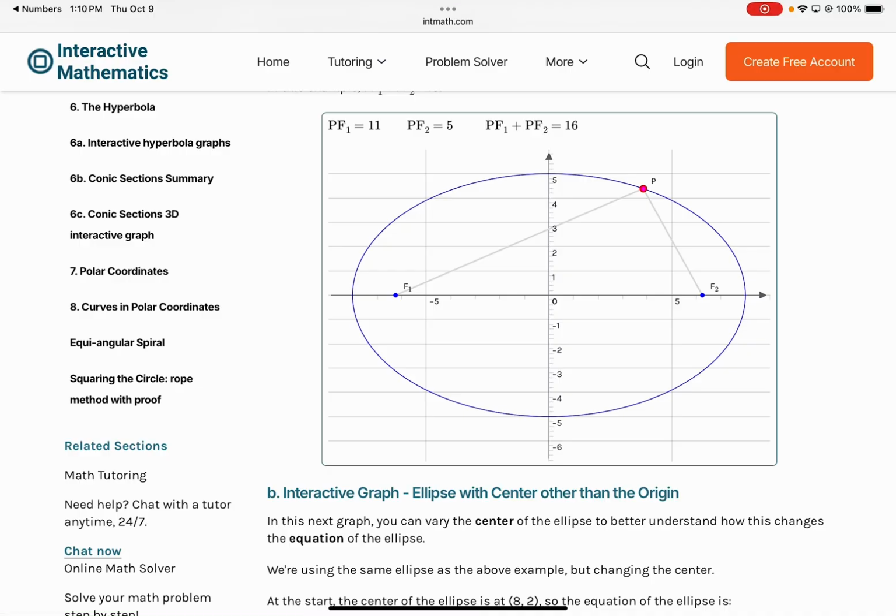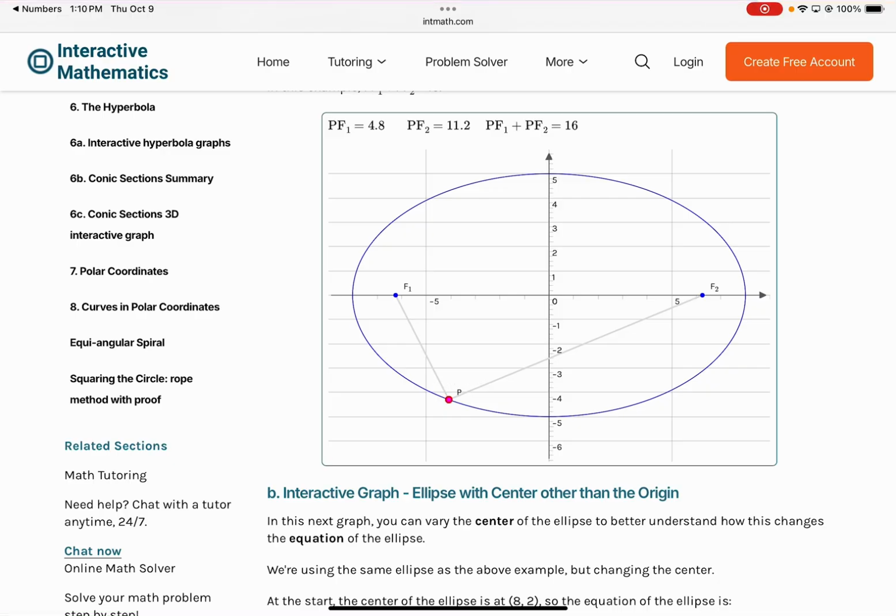You'll notice that the sum of those is called out as well, which is 16 there, okay? So that's our distance. Now you'll notice as I click the point P and I move it around, look at the numbers. The distance has changed to the left, but my sum is always going to be the same.